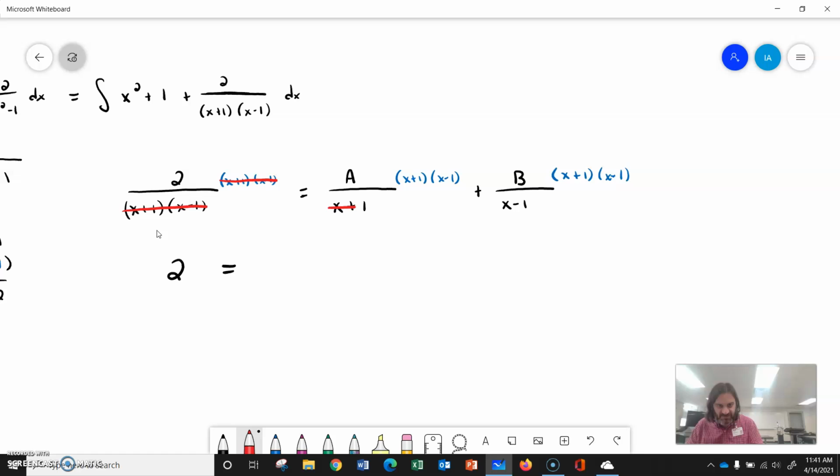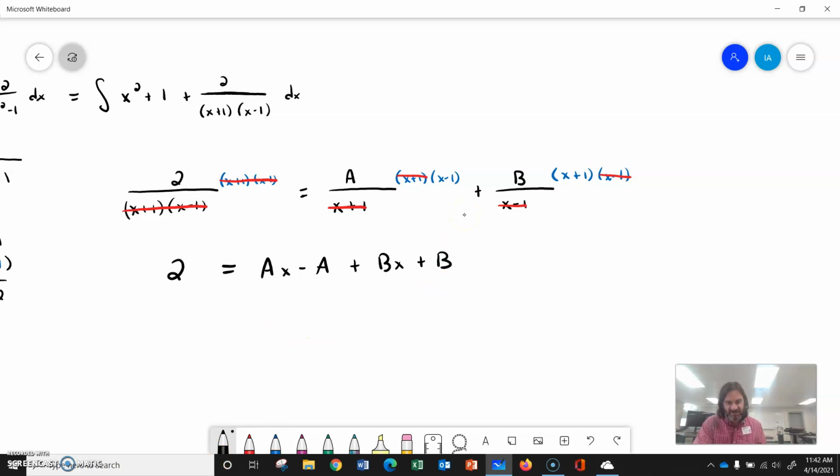Then an x plus 1 cancels out of A over x plus 1. So when we distribute, that'll leave us with Ax minus A. And then the last one, B over x minus 1. The x minus 1 cancels out. So that will give us plus Bx plus B.